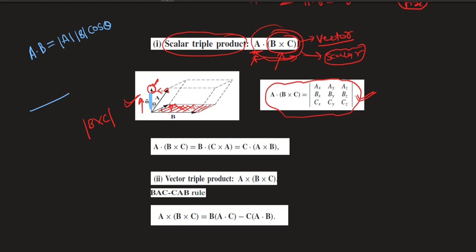Now let's say this is my vector B, this is my vector A, then the projection of vector A onto the vector B is simply A cos theta.